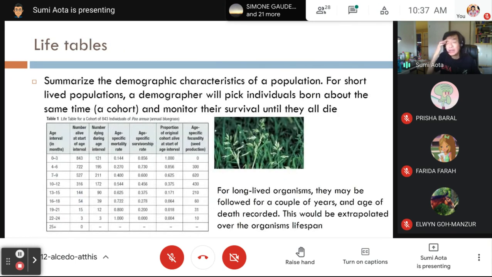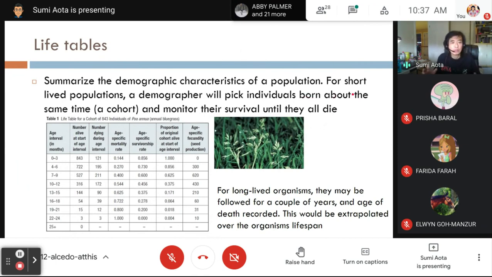One of the other things that we get from data like this is something called a life table. What a life table does is it basically is a summary of the demographic characteristics of a population. So how do you figure out what a life table is?